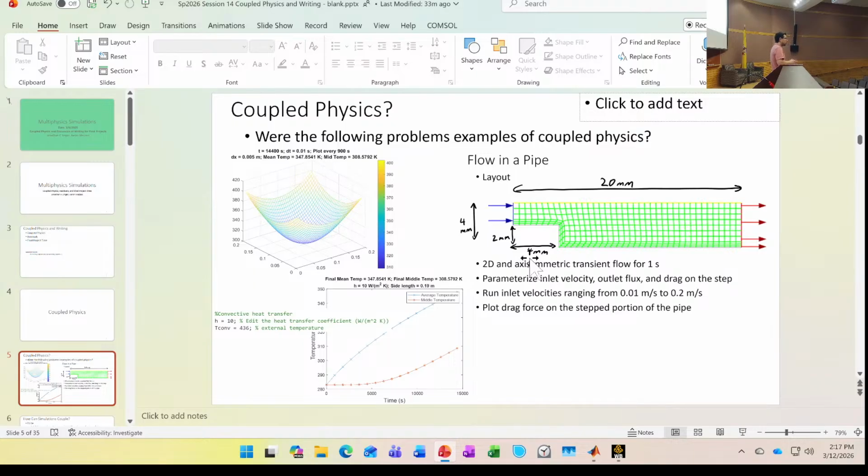So we did, but we didn't. We kind of looked at problems that have coupled physics, but we've done some things to try to keep it in a single domain. We'll talk a little bit more about this heat transfer problem in a second.